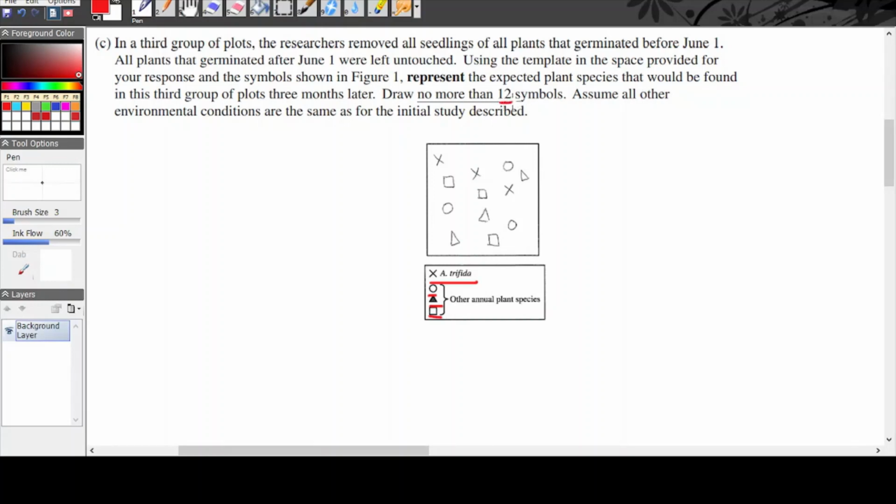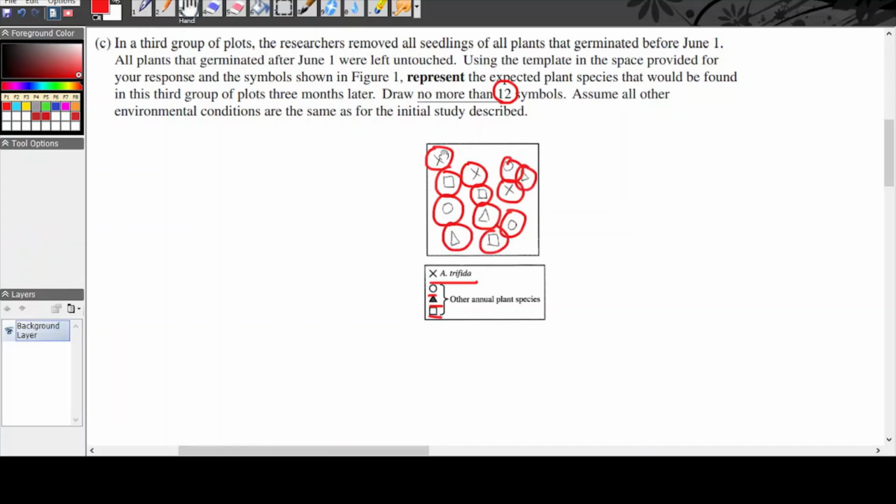In the question, they told us to have no more than 12 symbols, and you can see there are no more than 12 symbols, and each species has 3 symbols, which represents equal amounts of each species in the template or in the plot of land.